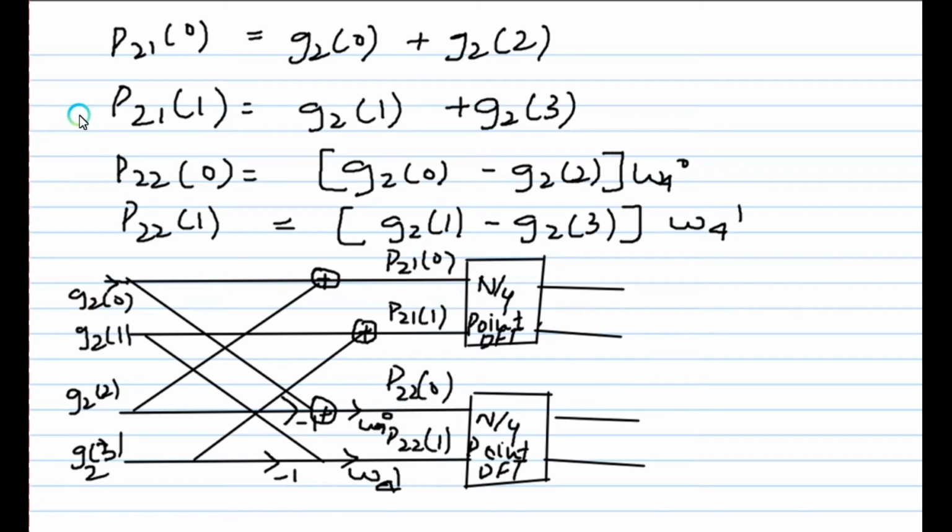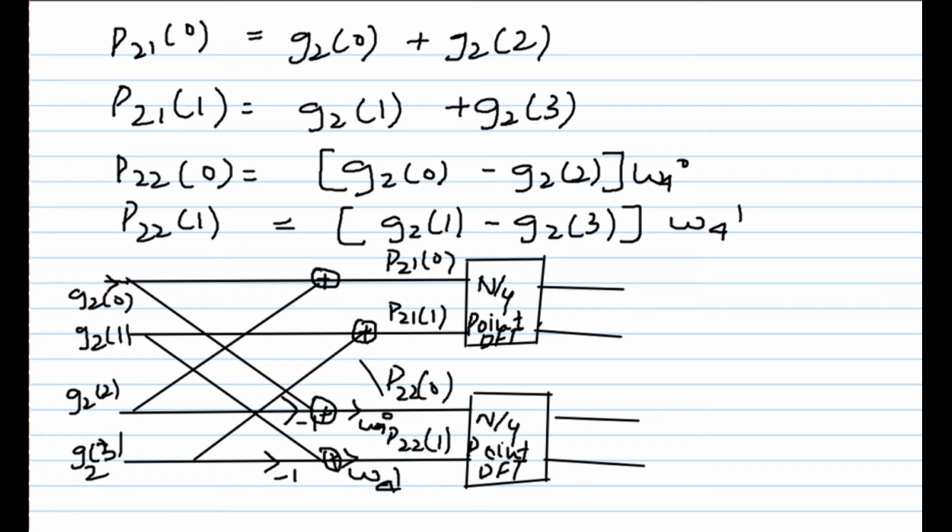Suppose this is p22 of 1; it will be equivalent to g2 of 1 minus g2 of 3. Here g2 of 3 is multiplied by minus 1, so we get minus g2 of 3. We'll have a summation sign here, right? So it will be g2 of 1 minus g2 of 3, whole multiplied by W4 to the 1.